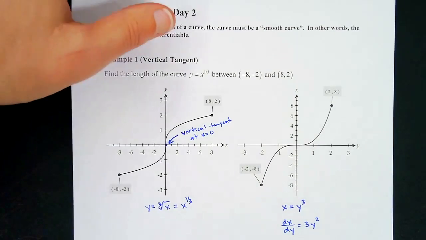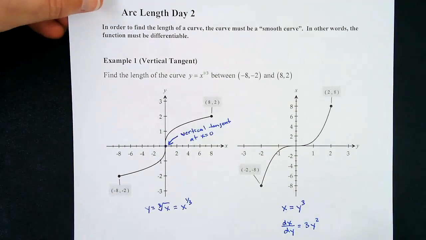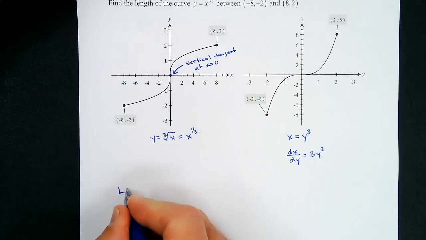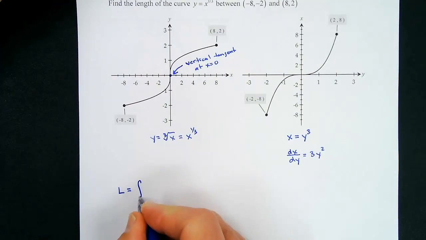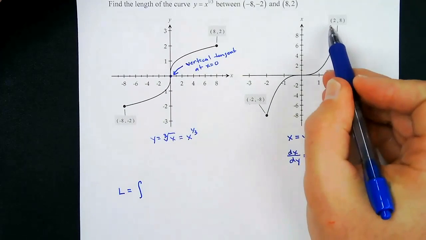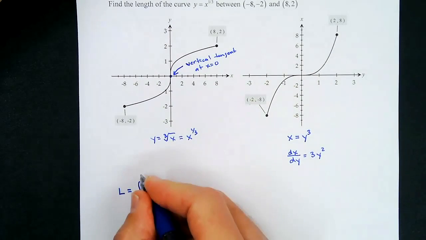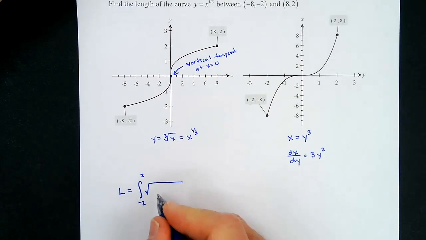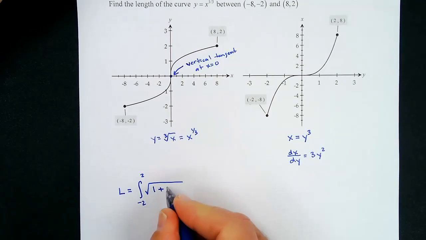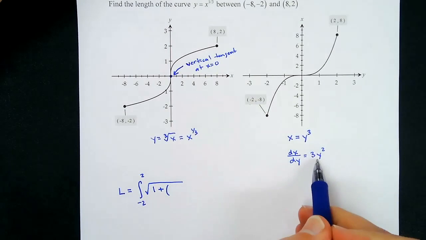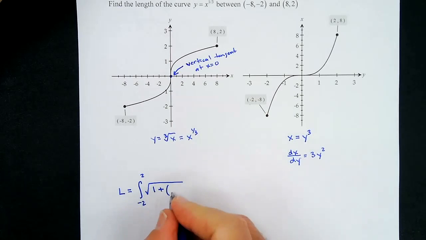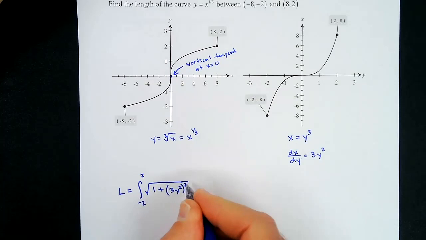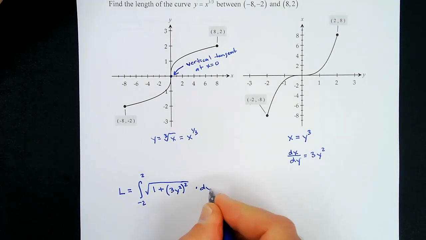All right. Okay, so let's go about finding the arc length. So let me slide this up. Okay, so my arc length L would be exactly the integral from -2 to +2 of the square root. My integrand would be 1 plus 3y squared, because that's my dx over dy, squared, and then multiplied by dy.